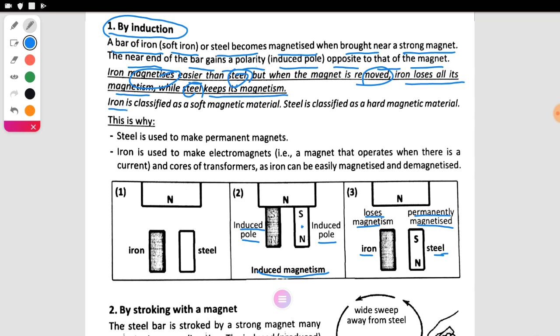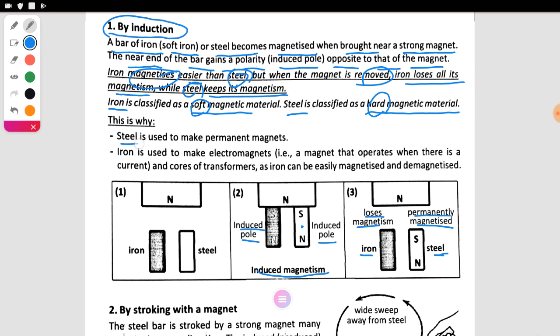This means that iron is classified as a soft magnetic material, while steel is classified as a hard magnetic material.